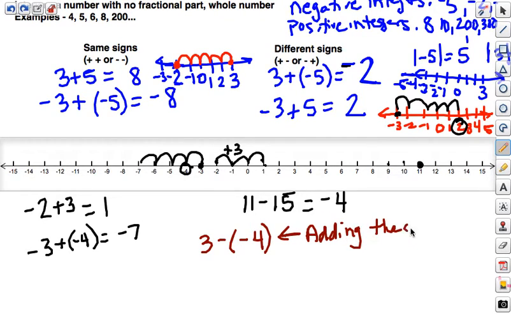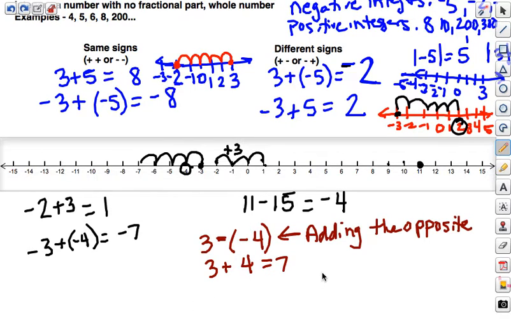So instead of subtracting, we're going to add, and we're going to take the opposite of negative 4. So remember, every positive integer can be paired with a negative integer, and that would be called opposites. So the opposite of a negative 4 would just be a positive 4. So 3 plus 4 is 7.